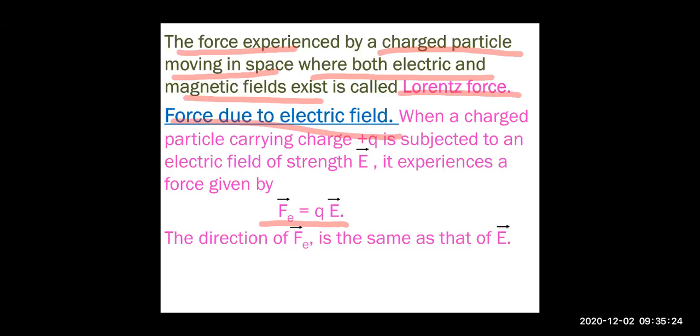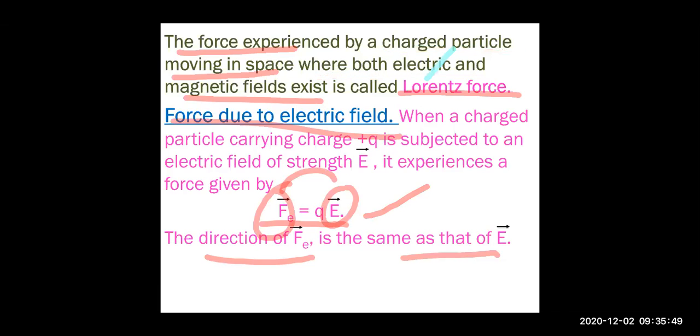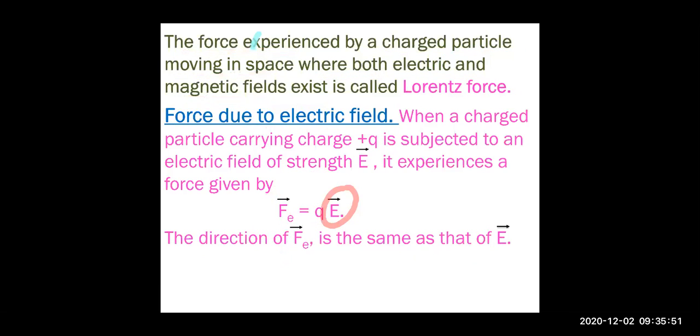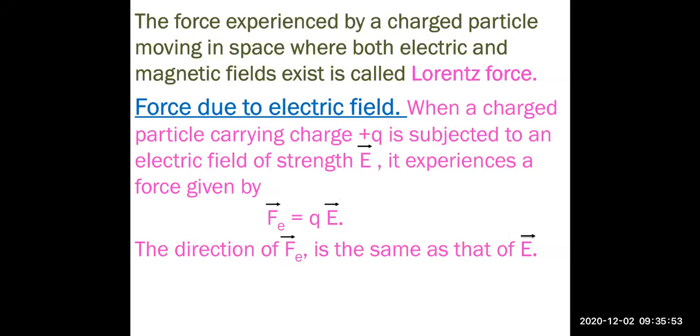And here we have used the symbol for force as Fe, where E indicates the force due to electric field, right? So this we have already done in unit number 1. Here the direction we know, vector, this is vector. So both are having the same direction, that is the direction of the force due to electric field is same as that of the direction of the external electric field. Now this is due to electric field.